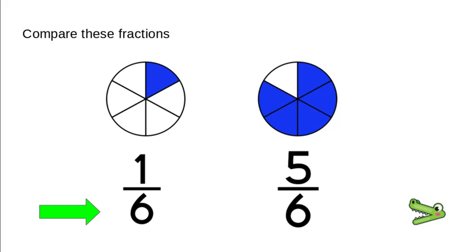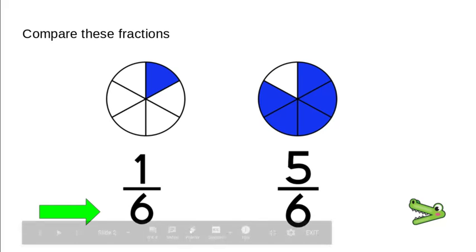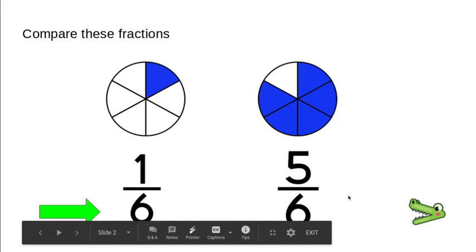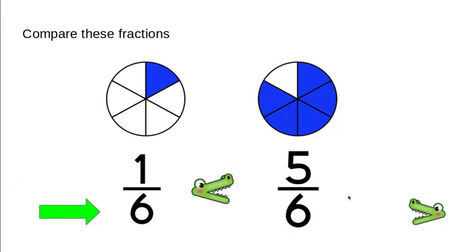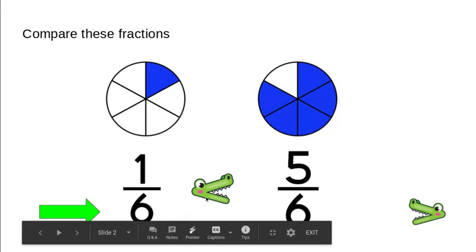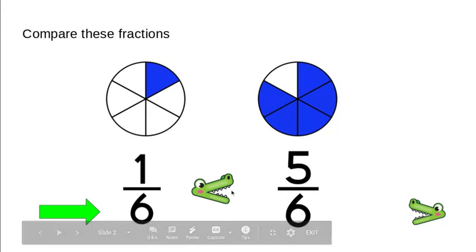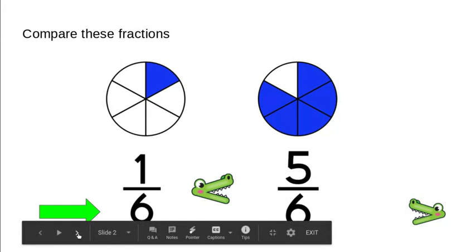Right? Which one's bigger? Well, the 5/6 would be bigger, right? So what would that look like if we had to put a symbol here? It would look like this, right? Because it would read 1/6 is less than 5/6, which ultimately means 5/6 is greater than 1/6, right?